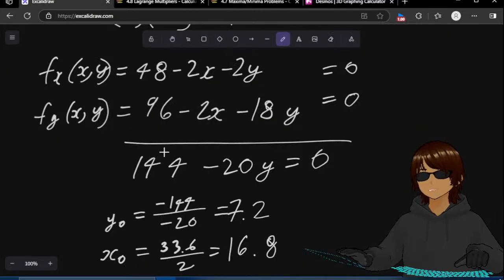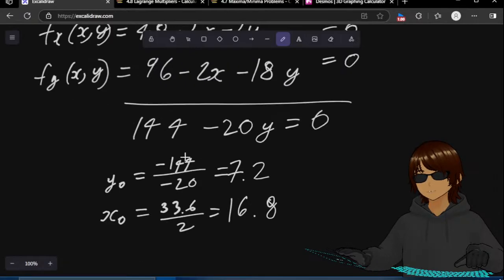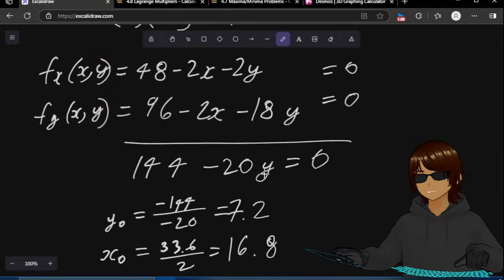There is something wrong here. So we have minus 20y is 0. Y is 7.2. I think x is the issue.